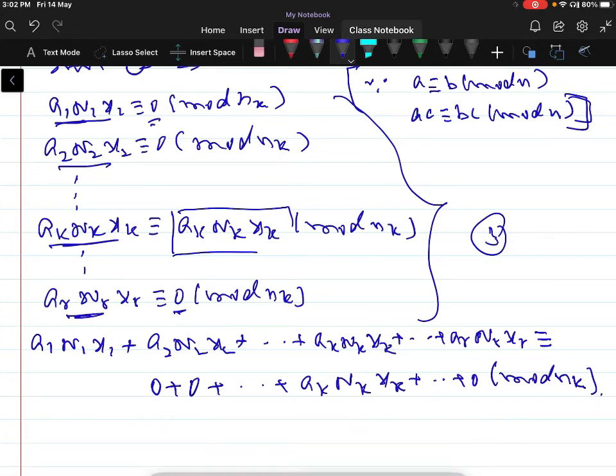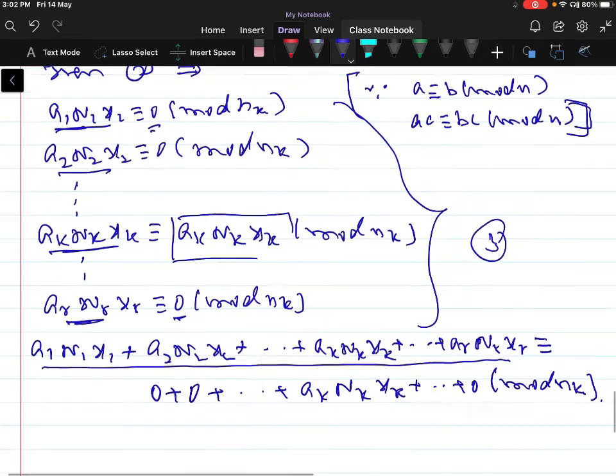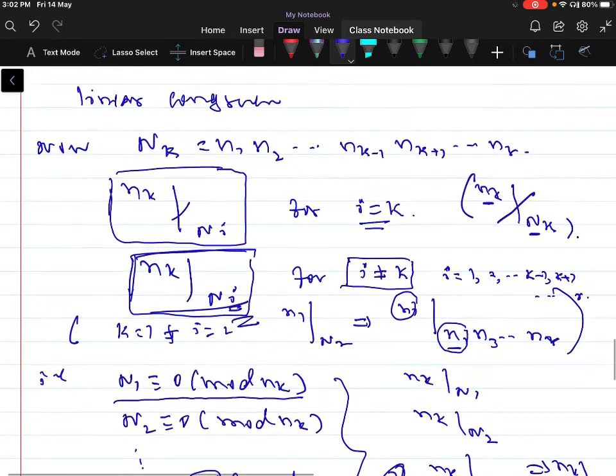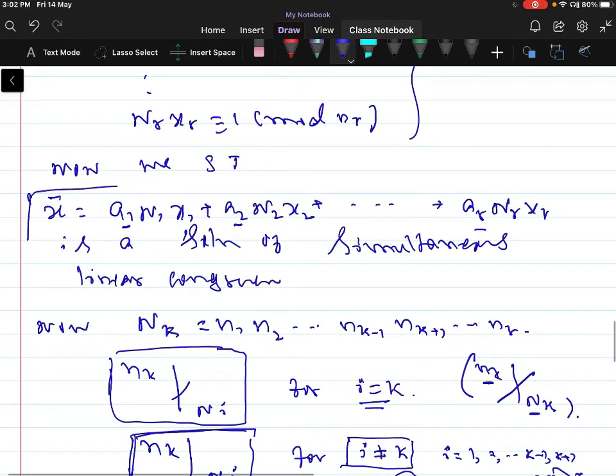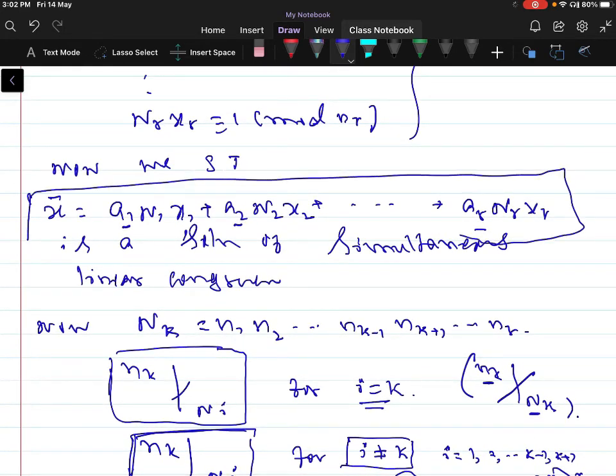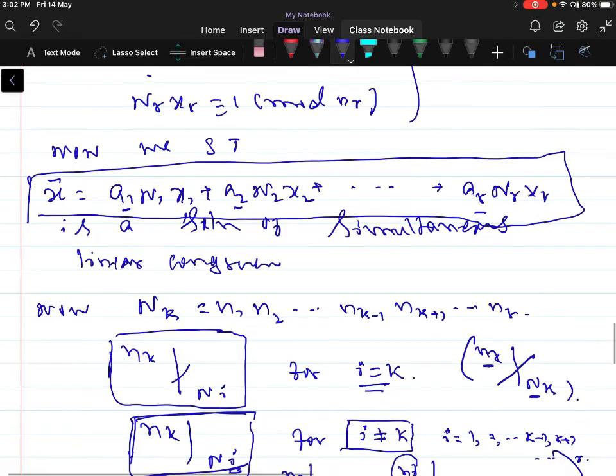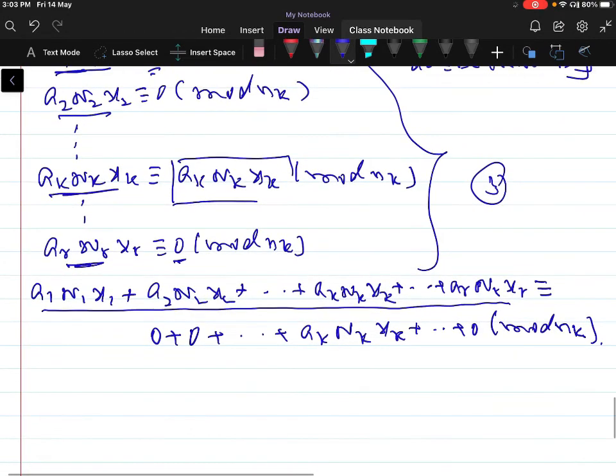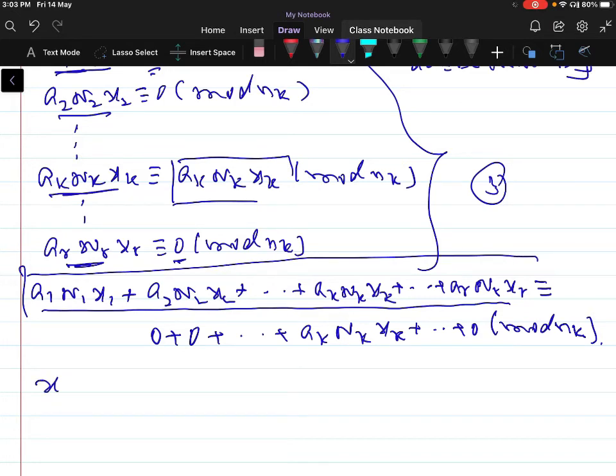This implies, taking x bar as a1 n1 x1 plus a2 n2 x2 and so on, ar nr xr, that x bar is congruent to 0 plus 0 and so on, ak nk xk plus and so on 0.